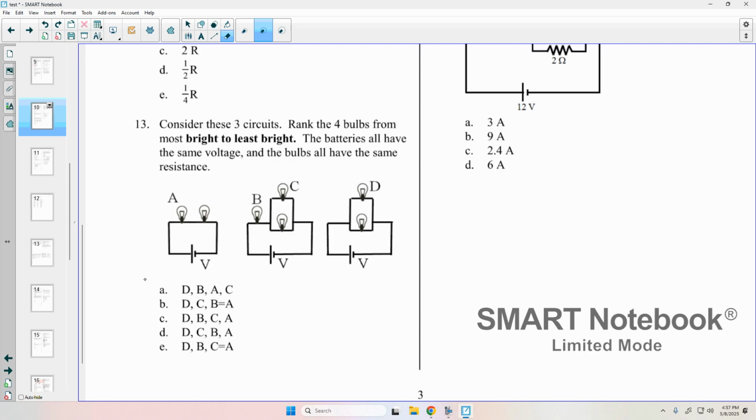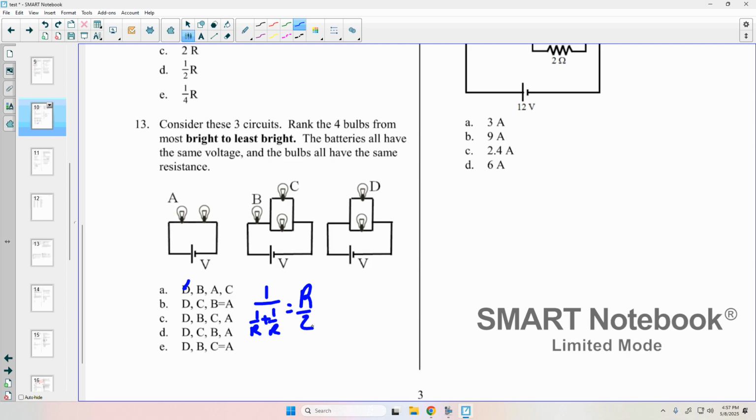If you put the two middle light bulbs together, is it 1/2 C or would it be 2 C? When you combine those two in parallel, it's more complicated than that, because the equivalent resistance is 1 over R plus 1 over R. And that's 2 over R, so that's R over 2.